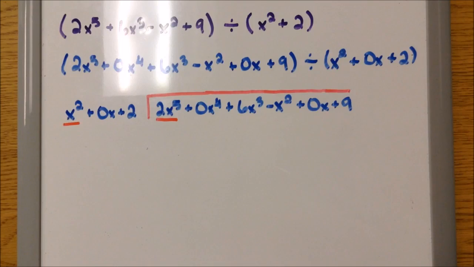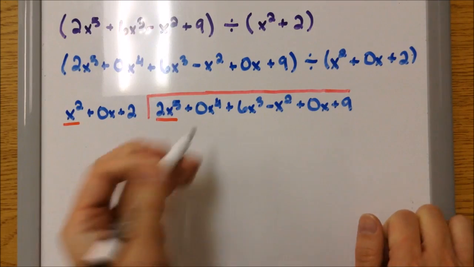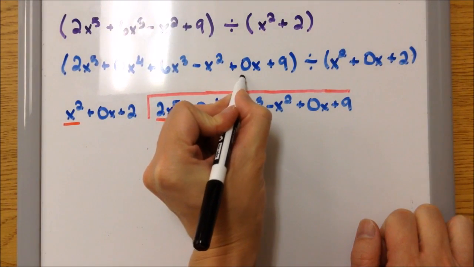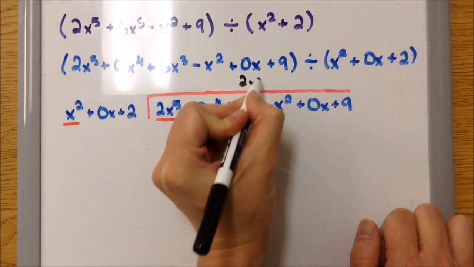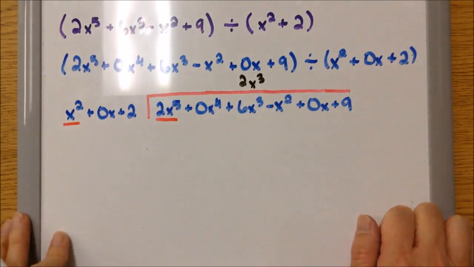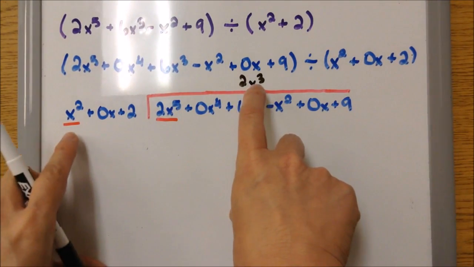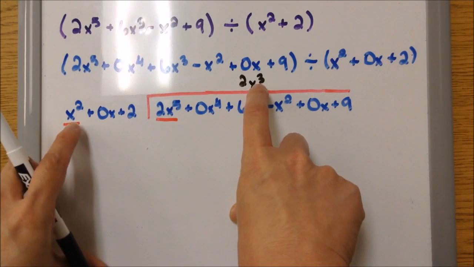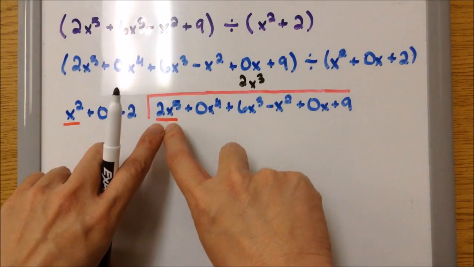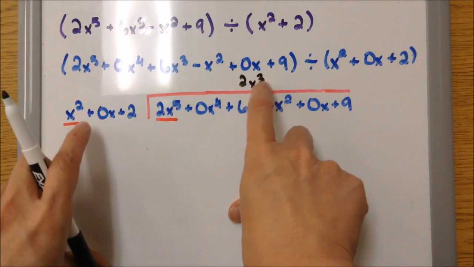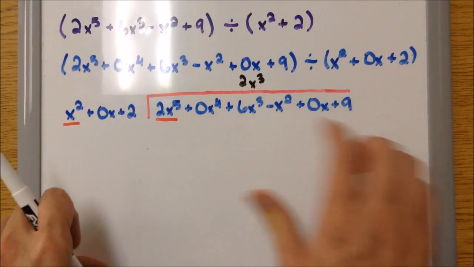I'm going to write 2x to the third. Let's take a look: if we multiply 2x to the third times x squared, that's going to give us 2x to the fifth. So I'm good with this. This is correct, 2x to the third.